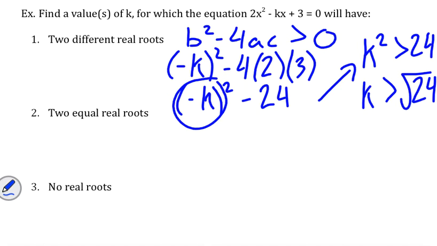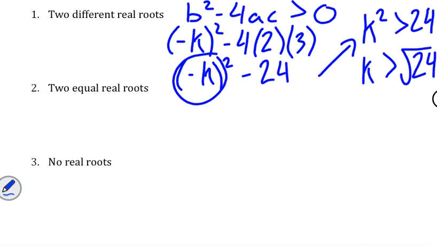Now, if it says find values, you could start at 5 and just pick any number, because 5 is going to be big enough. 5 squared is 25, 6 squared is 36. It just says find values. It doesn't say find the range or the domain or the inequality that's proving this. It just says it's got to be greater.